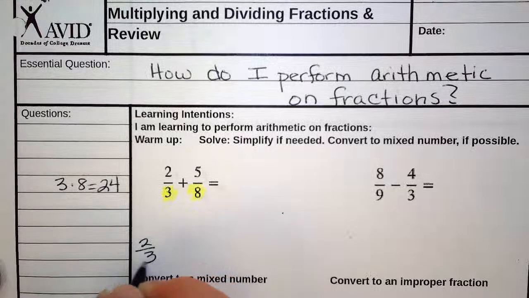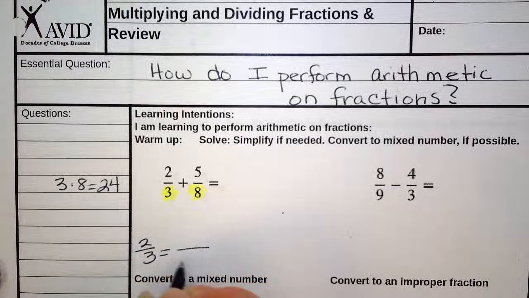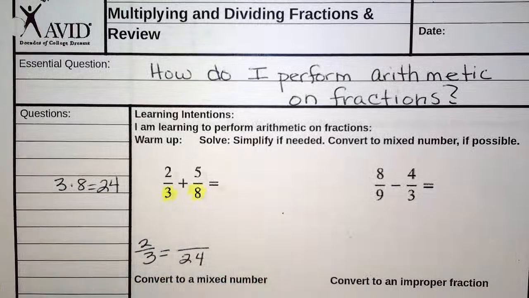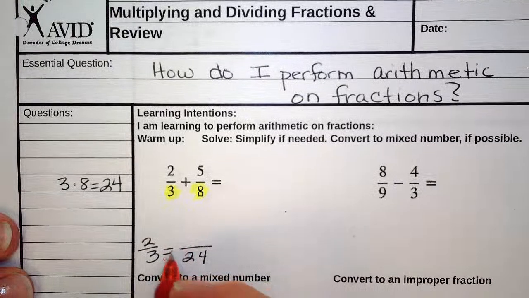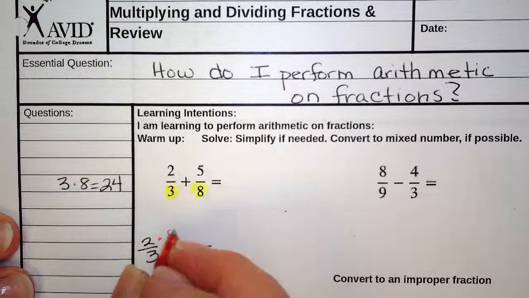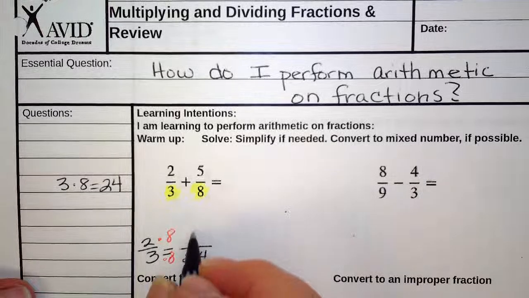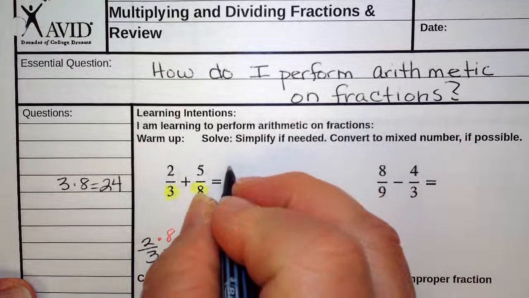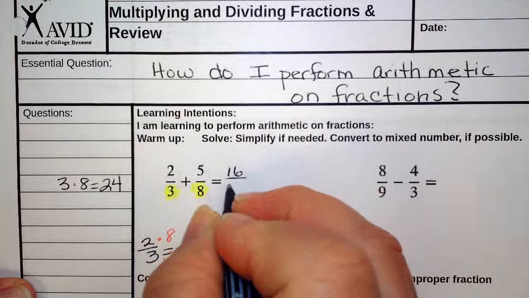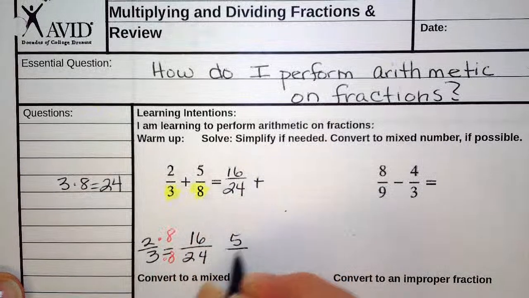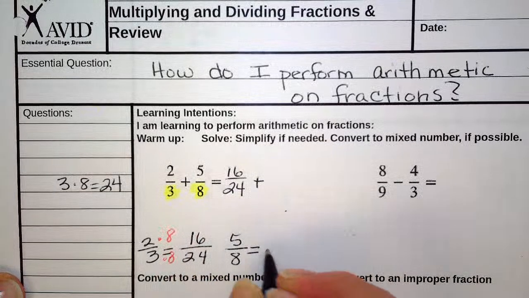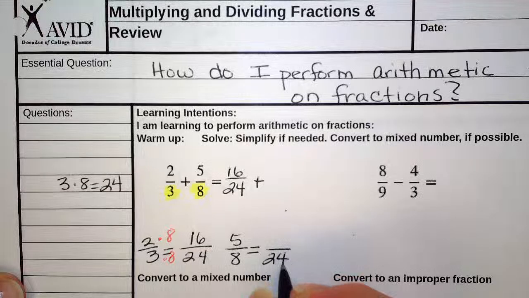2 over 3 is equal to what over 24? Well, I know that 3 times 8 is 24. 2 times 8 is 16. So this is 16 over 24 plus 5 over 8 is equal to what over 24?